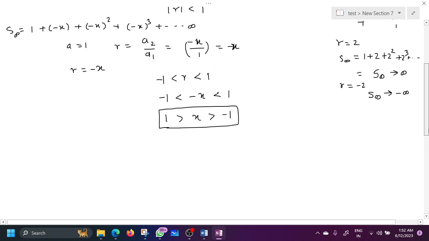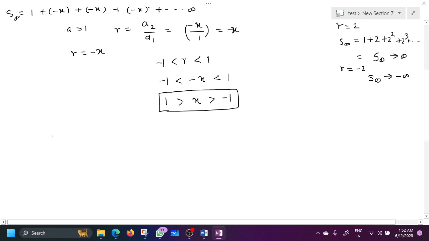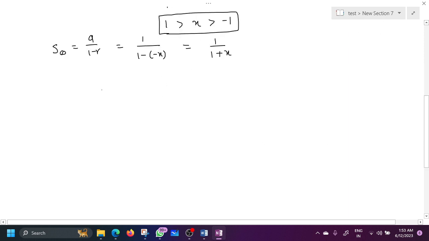Okay, now let us sum up the series. S infinity is equal to a upon 1 minus r, which is equal to 1 upon 1 minus minus x, which is equal to 1 upon 1 plus x. But on the left hand side of the series you had x. So actually you had x is equal to 1 minus x plus x square minus dot dot dot till infinity, and this part we have already calculated as s infinity, which is equal to 1 over 1 plus x.